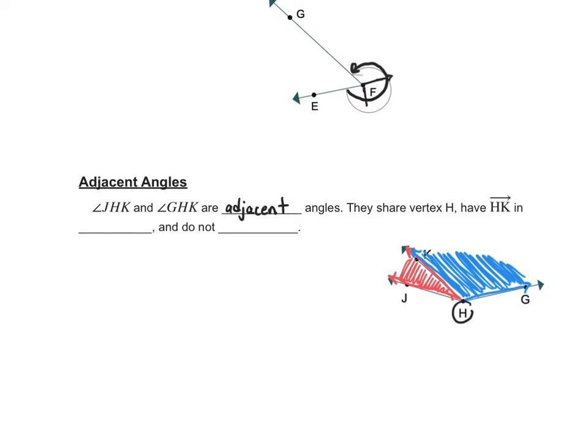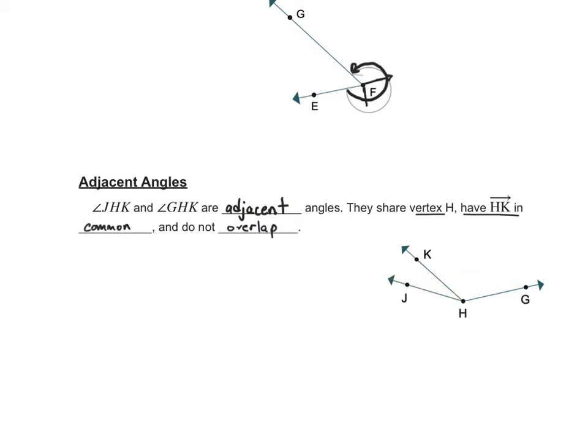So they share vertex H and have HK in common, and they do not overlap. They are just simply next to each other, and they are adjacent. Let's get rid of that. Okay, so there we go. Those two angles are next to each other and adjacent.